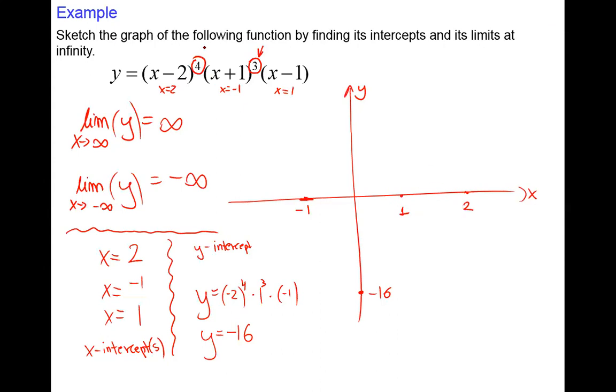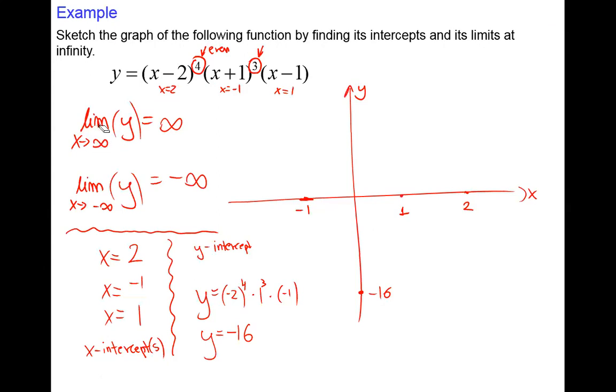But what is important, this is an even exponent. If it's even, at this point, we never intersect. We are just touching the x-axis, maybe above, maybe below. Now we know what to do at each single x-intercept.